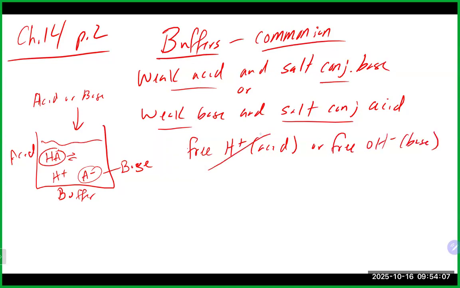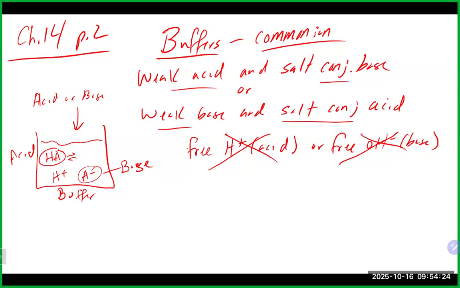It basically prevents that from happening. And it ties up either the H plus or the OH minus through a reaction that occurs. And that is why it's able to maintain a relatively constant H plus concentration in both situations.